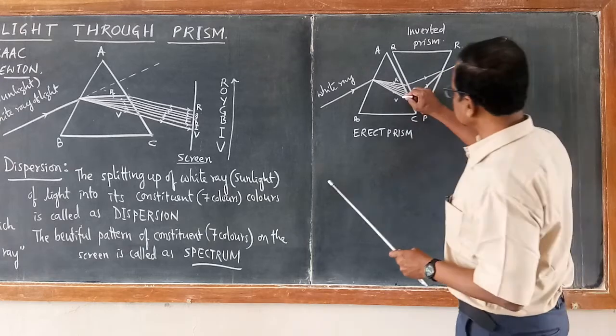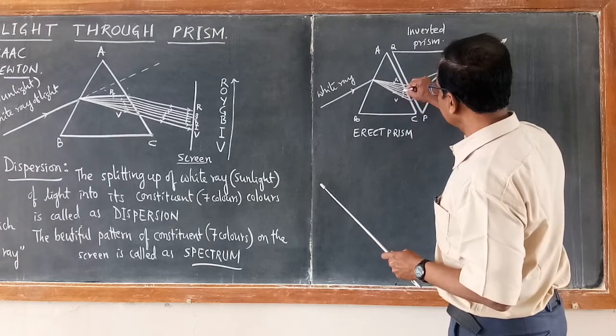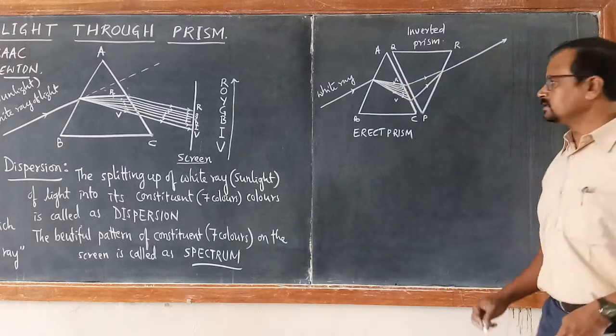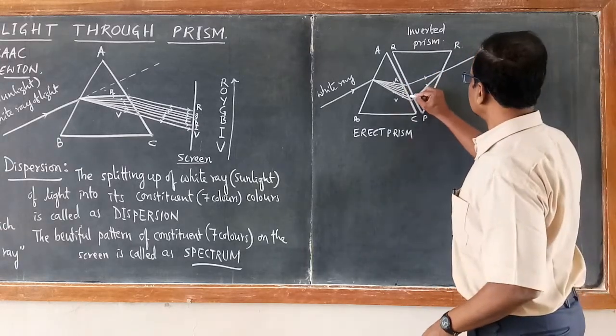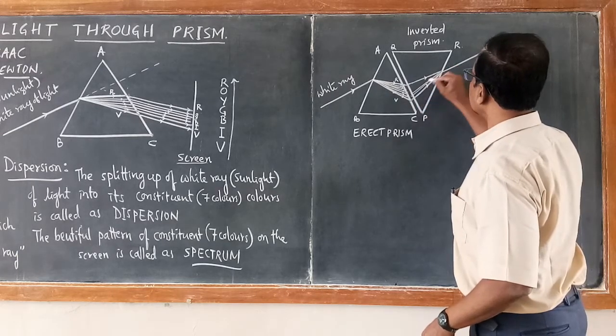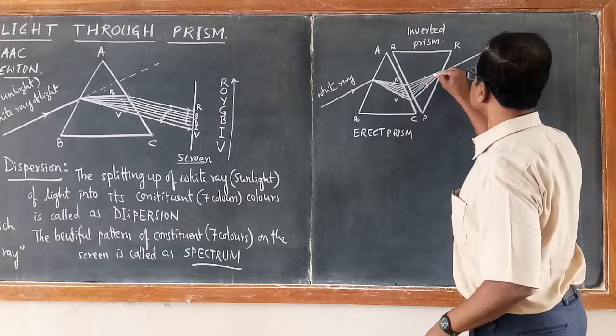So these 7 colors are reaching here. When they entered into the second prism, which is kept inverted, interestingly they got inverted, and the reunion of all those colors took place.